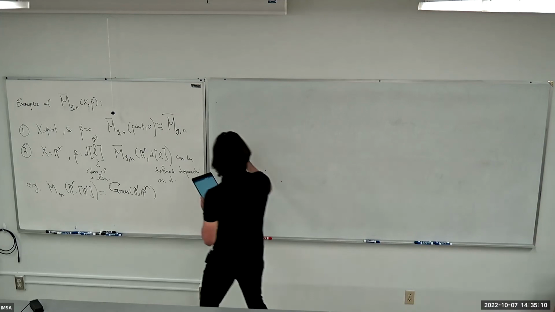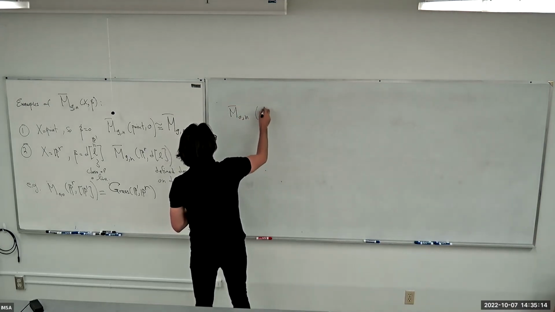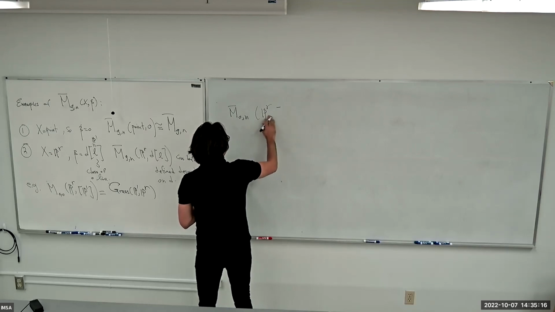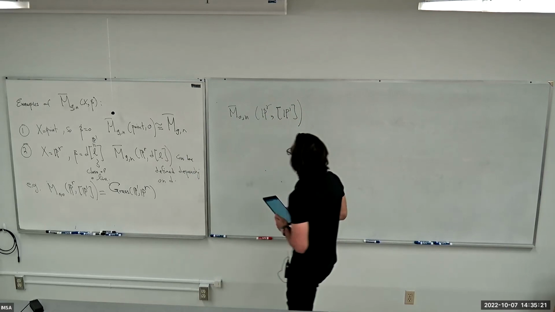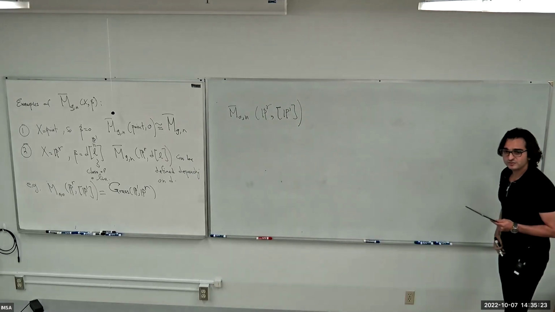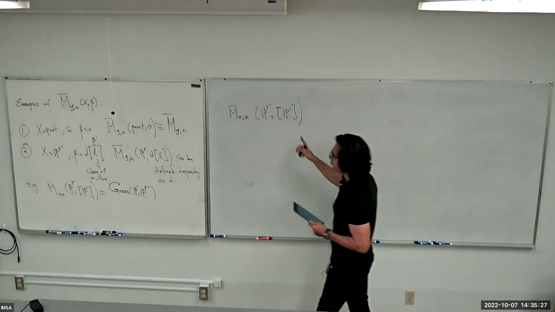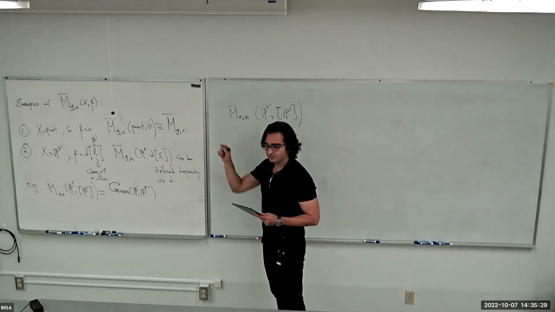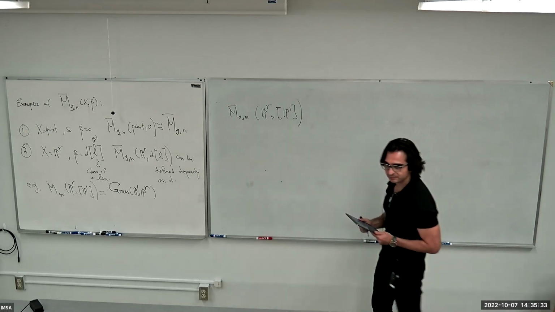So I can look at M bar 0,n of P^r with class of P1, and still I'm embedding P1s inside ambient projective space, but now as I'm doing this embedding, I pin some points of it, so the number of possibilities is much less.